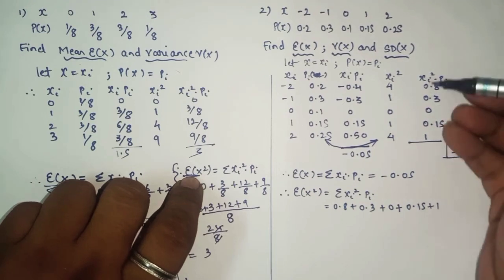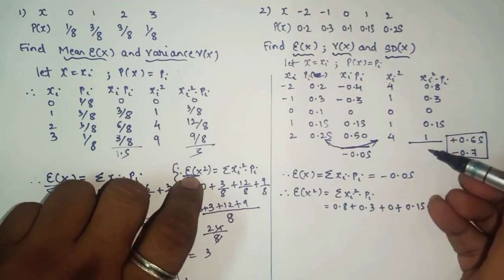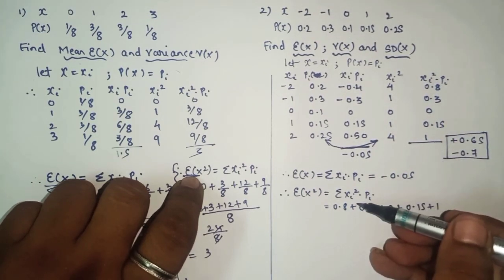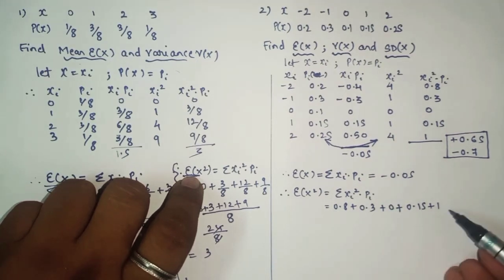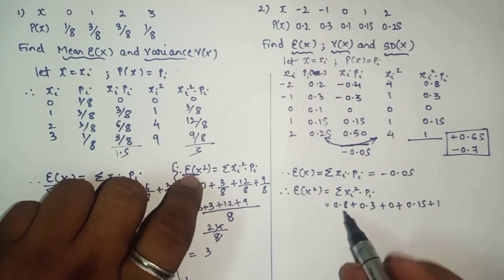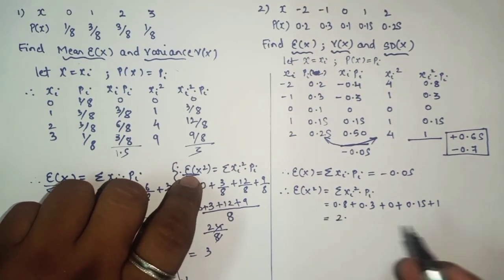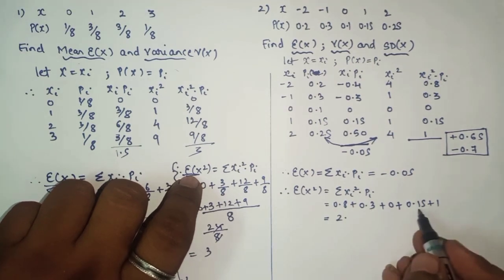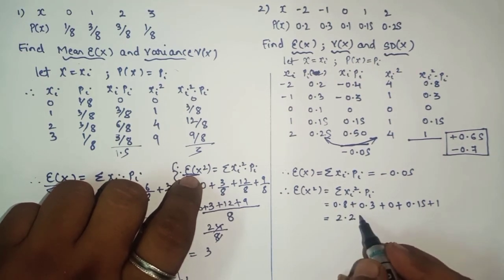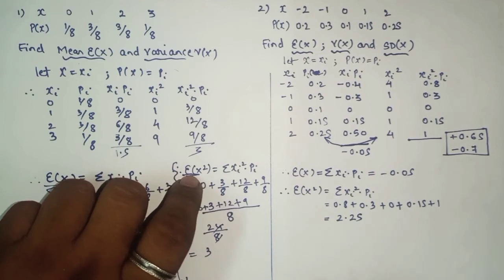Directly you can add the numbers here also, write the answer, substitute the value, or else you can show this step. Okay, so when you add all the five numbers, you will get 2.25 as the answer.